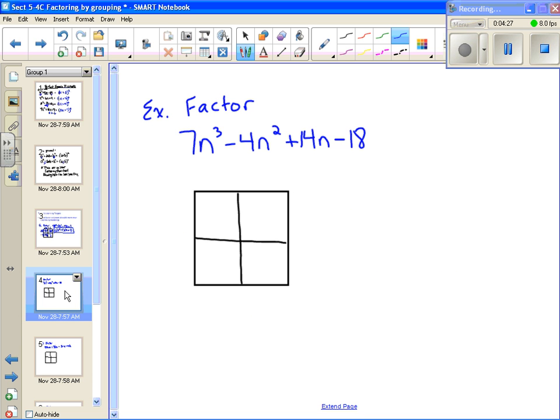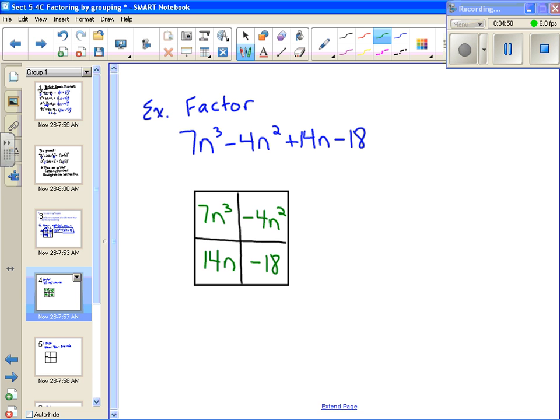So let's try another one. So go ahead and copy the problem down and create the box. So I'm going to have 7n cubed minus 4n squared plus 14n minus 18. And then I look for common factors.